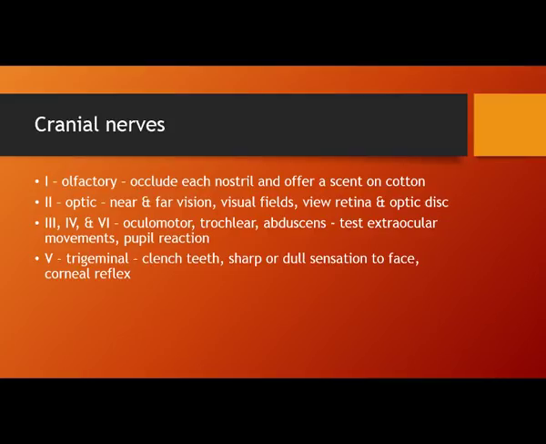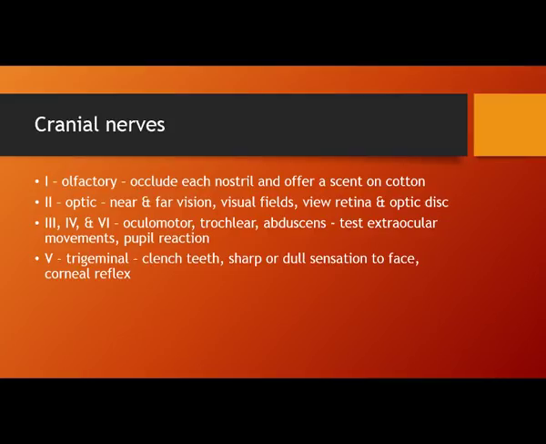We also test visual fields, and you'll see how to do that in the lab. That involves testing their peripheral vision. And then we take the ophthalmoscope and we test for the red reflex first, then look at the retina and the optic disc and see if there's any bulging of that optic nerve, where we can see like the tip of it directly.